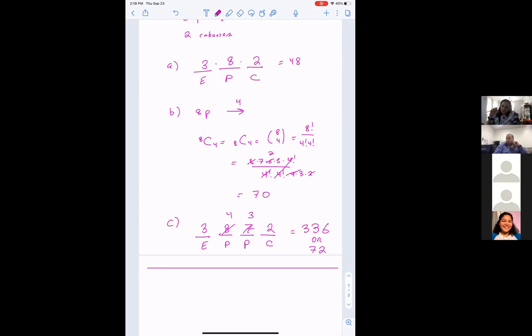So you had 3 engine cars, 2 cabooses, but when it came to the passengers, you chose 2 out of the 8, therefore the order doesn't matter. Why does the order not matter if passenger car 1 and passenger car 2 are reversed? Isn't that a different train set?